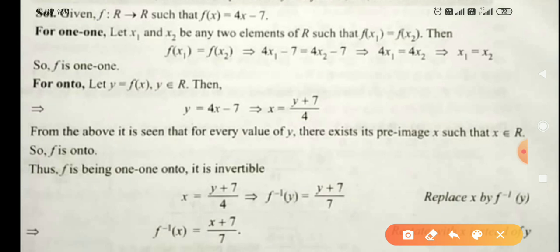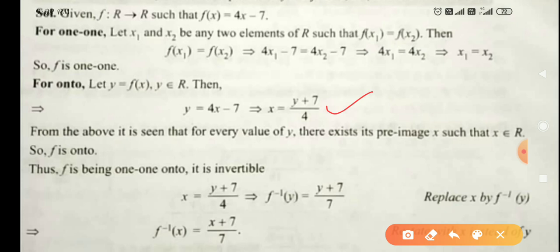If you put any value of y, then you will get a value of x, means no value of y is there that will make the value of x not defined or imaginary. So in every case you will get the value of x.